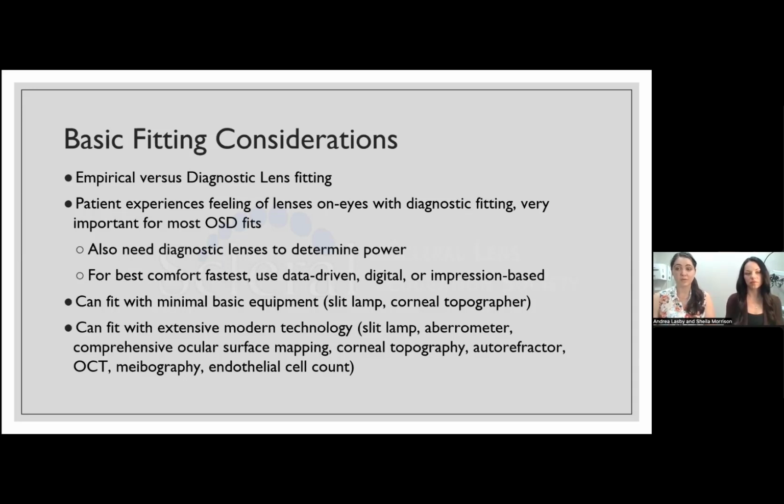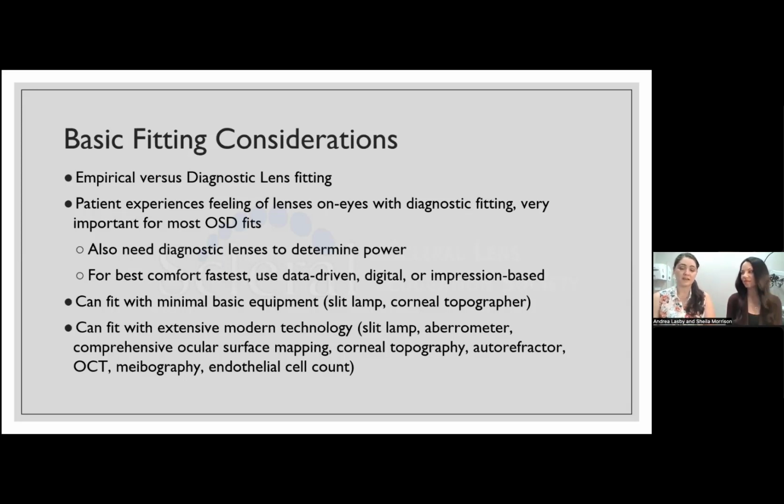So we always put a lens on for those patients in office on fit day, and we won't just order something empirically without seeing a lens on the eye. For the fastest fit, you just want to use data-driven, digital, impression-based designs, which we'll get into. But you can still do the majority of your fits with basic minimal equipment: your slit lamp, your chronophotographer, and if you've got one, an OCT, because that really speeds you up and makes it much easier.